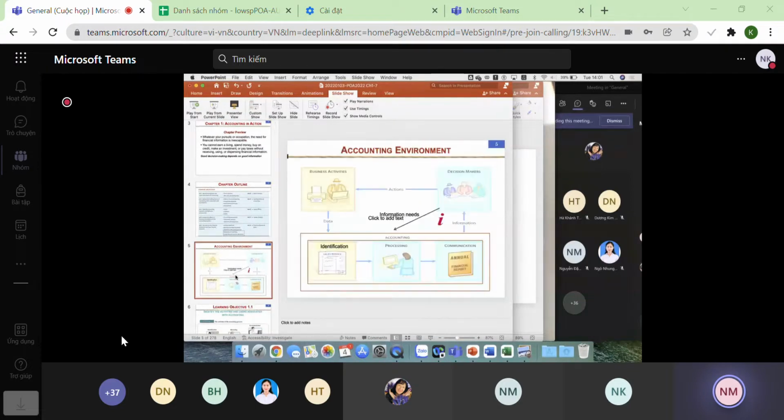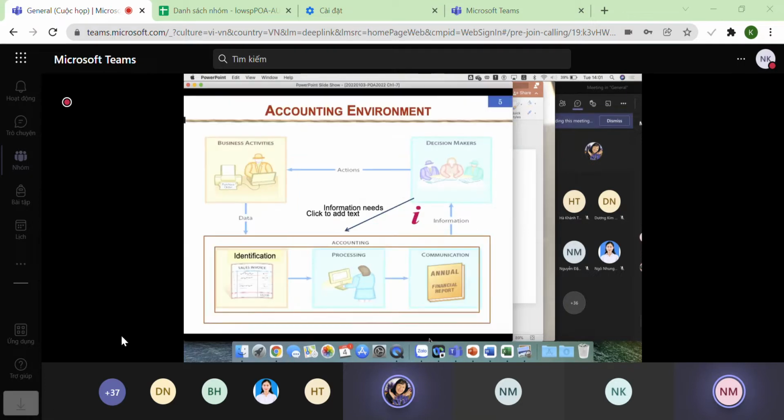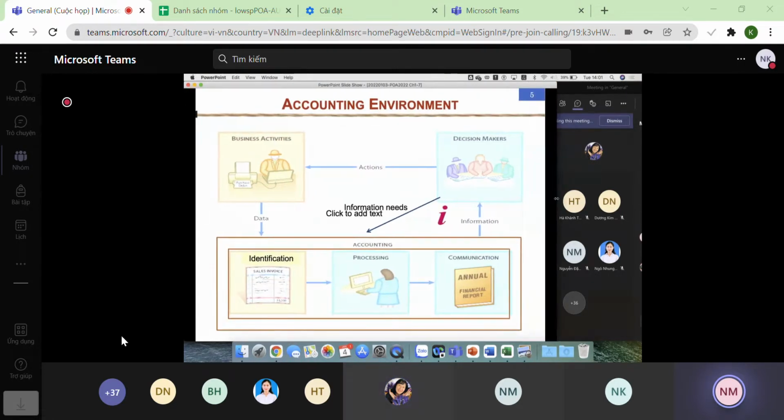We have slide number 5. On this slide, we have the business activities, right? For example, we buy security as the investment, second, we buy inventory, and the third one, we sell inventory.